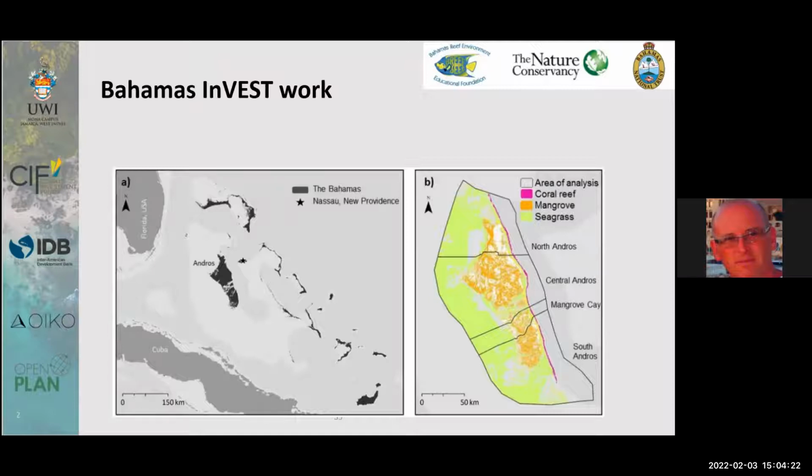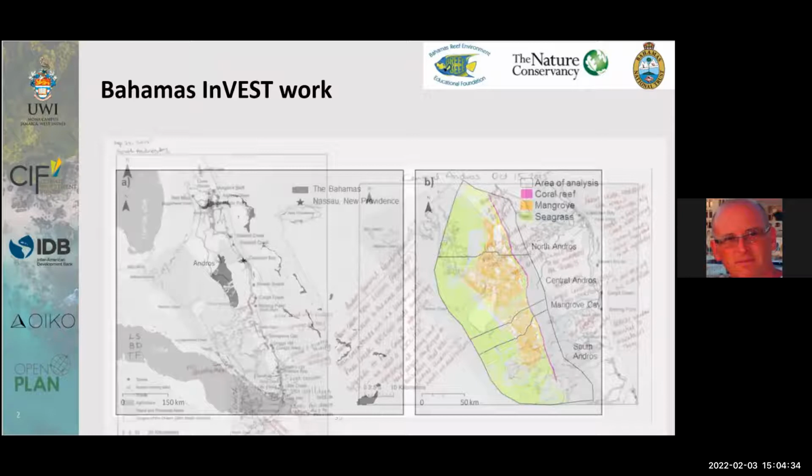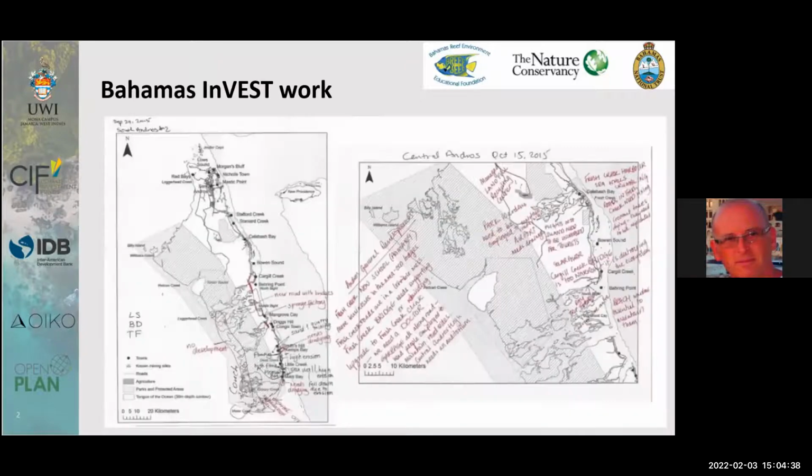So a lot of information needed to be collected. As an early phase of data collection, as you've been hearing over the last few days, that then set the structure for an important phase of participatory consultation. And similar to the Belizean situation, the work in Andros was highly participatory.